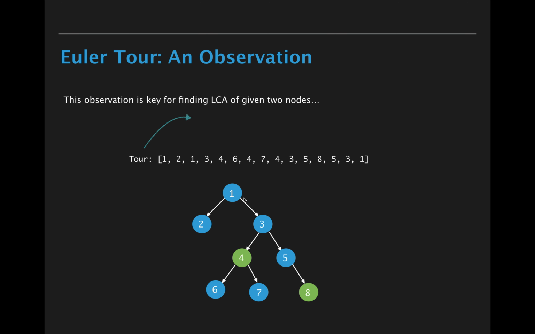So that 4 exists right over here, and that's one of the nodes we want to find the LCA for. And the first 8 in this tour is this node. So here's our 4, and here's the 8. And what we're going to use is the sequence between these two nodes. We will be using this later on for finding our lowest common ancestor.